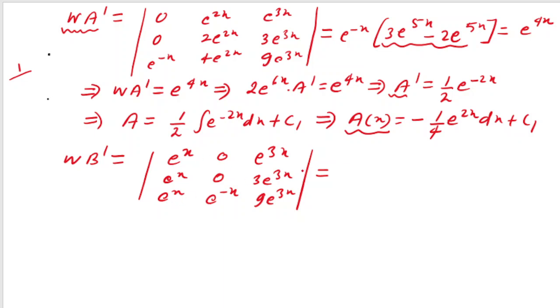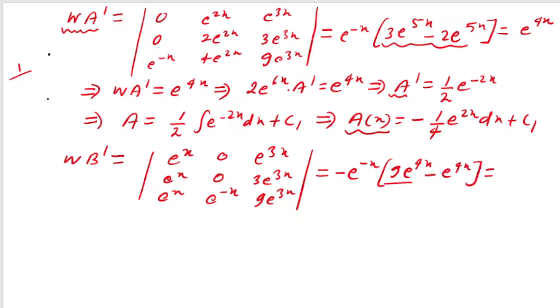So what will it be? This is coming in the third row and second column. So I hope you remember plus minus plus, plus minus plus, plus minus plus. So basically it is minus e to the power minus x. This column gone, this row gone. So what it will be: e to the power x into 9 e to the power x, so 9 e to the power 4x, and minus e to the power x and 3 e to the power x, so it will be minus 3 e to the power 4x.